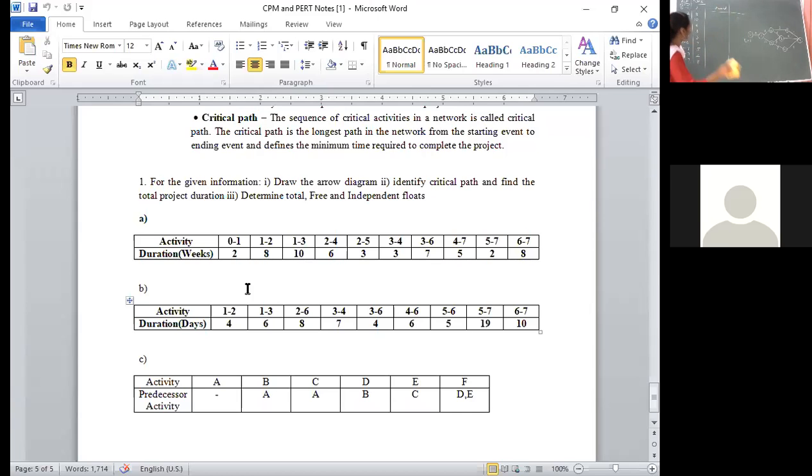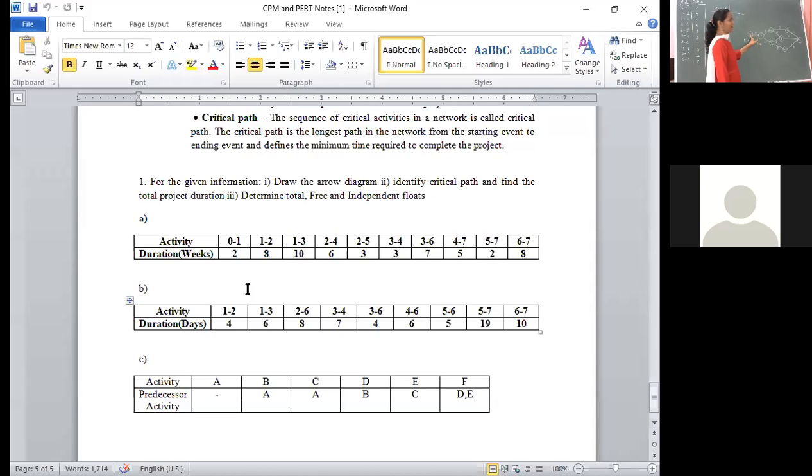Here I need to calculate the forward pass. Forward pass, earliest start: the starting node is E0, I will take it as 0. This is the rule. 0 is completed, then 1 will start, E1. How to calculate it? From which node is the arrow coming?